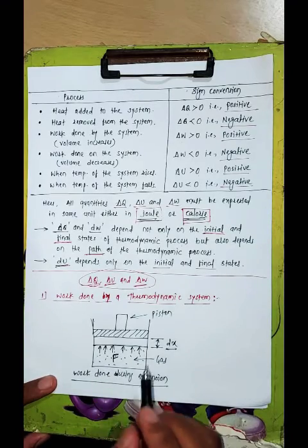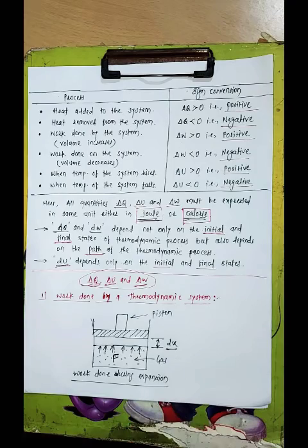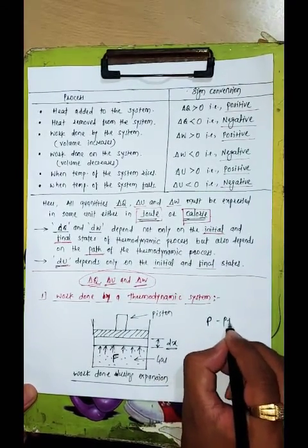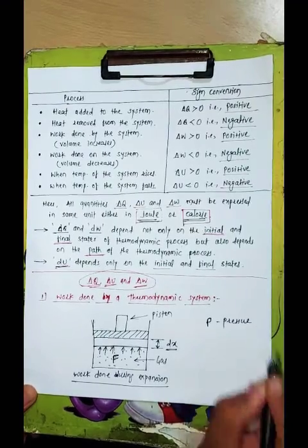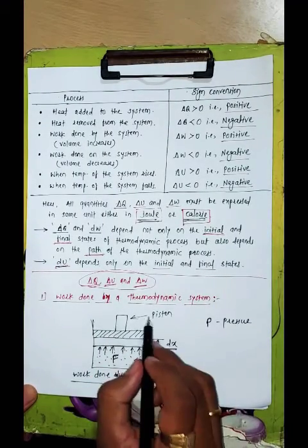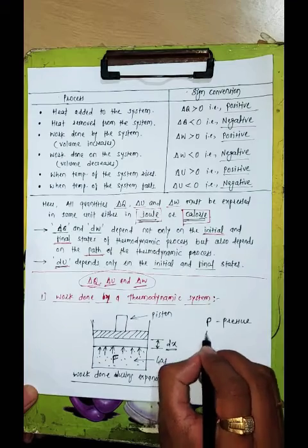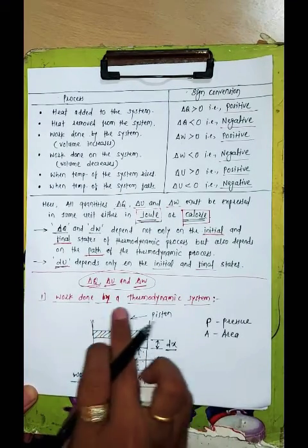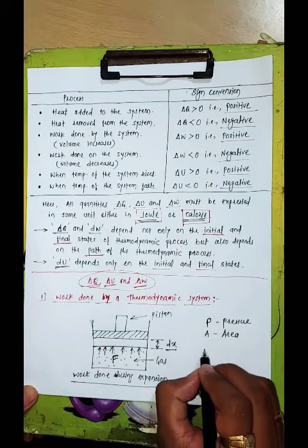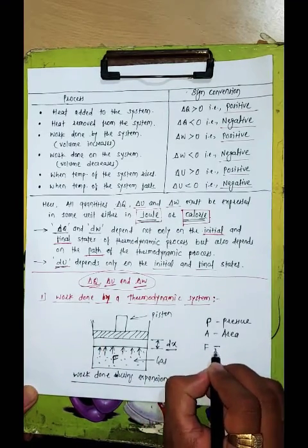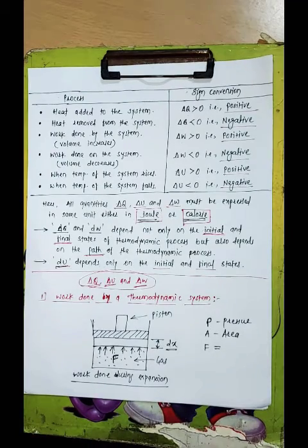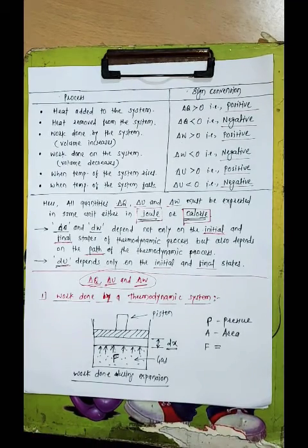Okay, so we can say that P is the pressure. Here we can write the variables. This is P is the pressure which will be on that particular piston. Then A is the area, and this is the area of the piston, we can say that, and F is the amount of force which will be exerted by the gas on the piston of that particular cylinder.